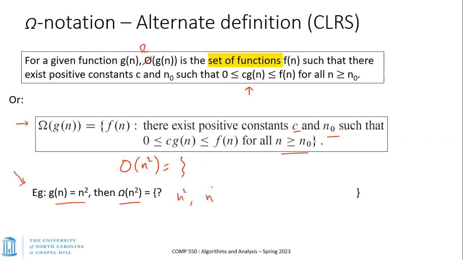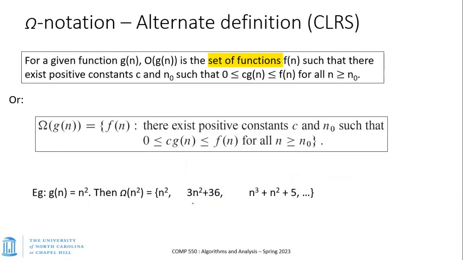It would be n cubed. And it doesn't just have to be n squared, n cubed. It could be any function that you can think of, as long as it has a power of n which is at least 2, right? So you could have n squared plus 2n, etc. All right, so you can just imagine all the functions that you can think of.